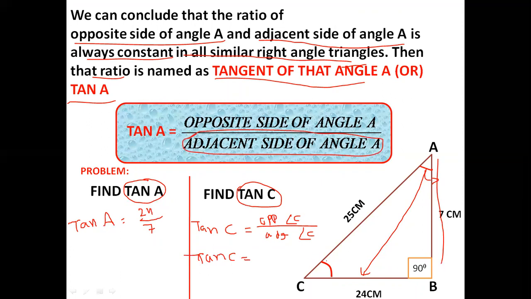What is the opposite side of angle C? That is AB, that is 7 centimeters. 7 centimeters by what is the adjacent side of angle C? That is BC or CB, that is 24. So here you have to write 24. So the answer is tan C is equal to 7 by 24. Right. So in this way you can solve the problems.